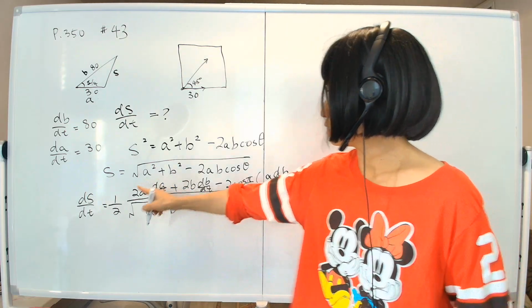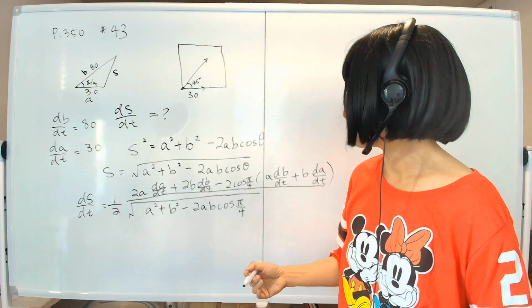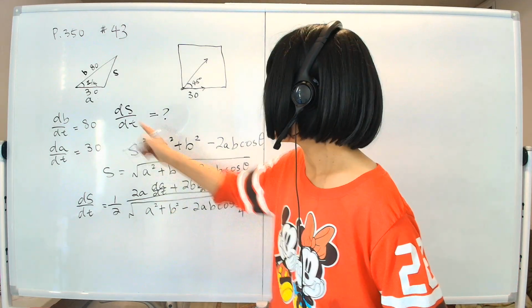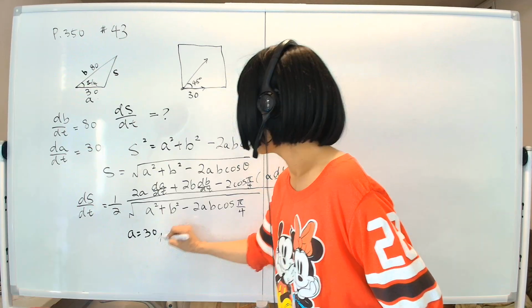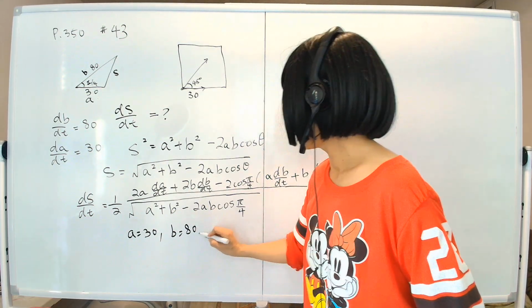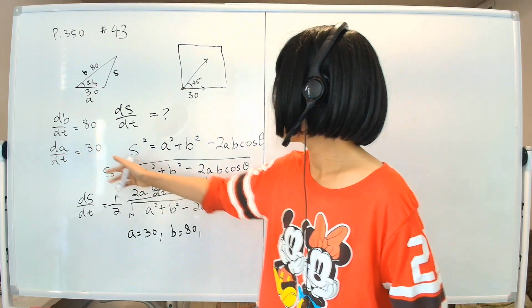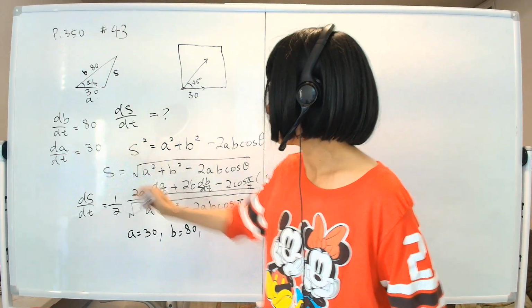And in this big thing, now it's just a matter of substituting numbers. That is, A equals to 30, B equals to 80, and then dA by dt equals to right here 30.